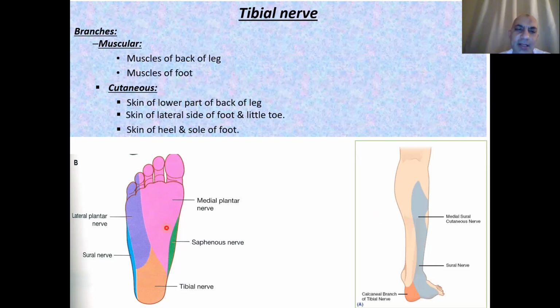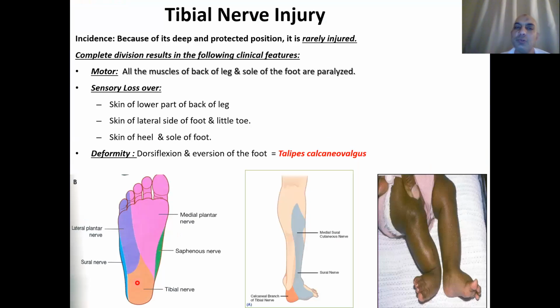So these areas, I'm going to show you these areas. This is a matter of indirect supply. And these areas are direct cutaneous supply. So what about injury of the tibial nerve, which is an uncommon case?